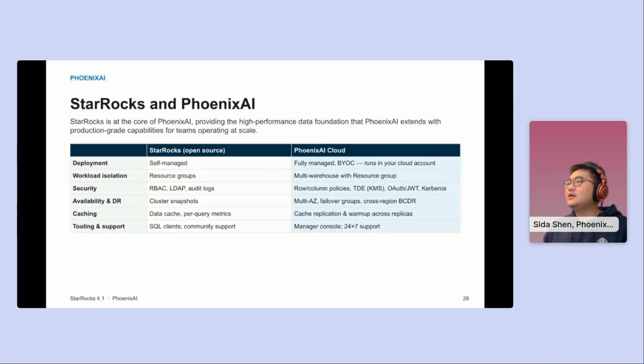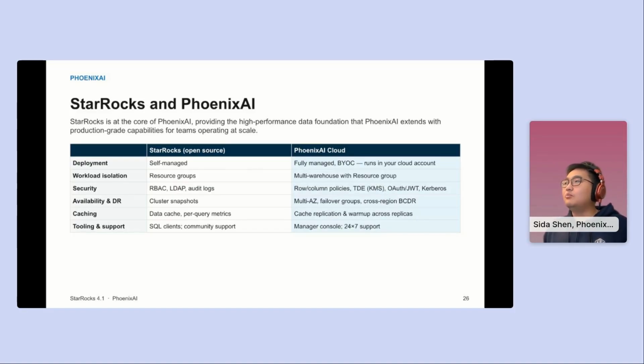And availability: StarRocks has cluster snapshots if you want to do your backup, restore, or failover. You have to implement a bunch of things yourself, and some of them are not actually even doable. And PhoenixAI Cloud gives you multi-AZ availability, and even cross-region backup recovery, right? That's in minutes. Bring back the cluster.